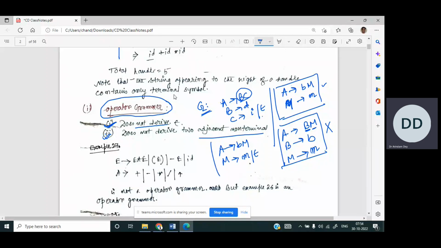But if I add epsilon over here, then definitely the grammar will not be an operator grammar because there is an epsilon move. Correct? I hope the idea is clear. So which is the operator grammar? This one. This one is not, due to the presence of two non-terminals back to back. Here also you can find the grammar is not operator grammar due to the presence of epsilon.